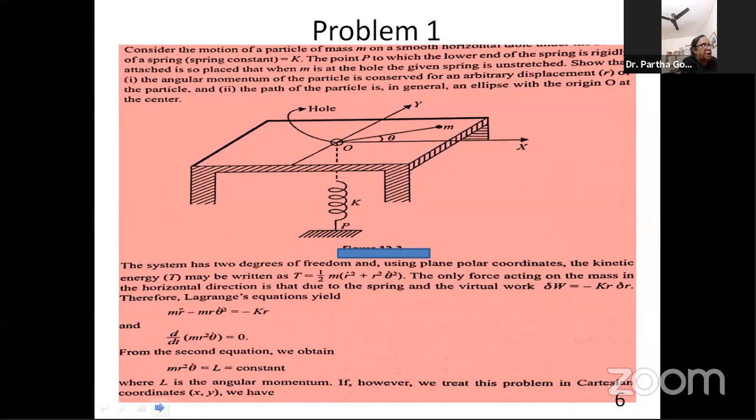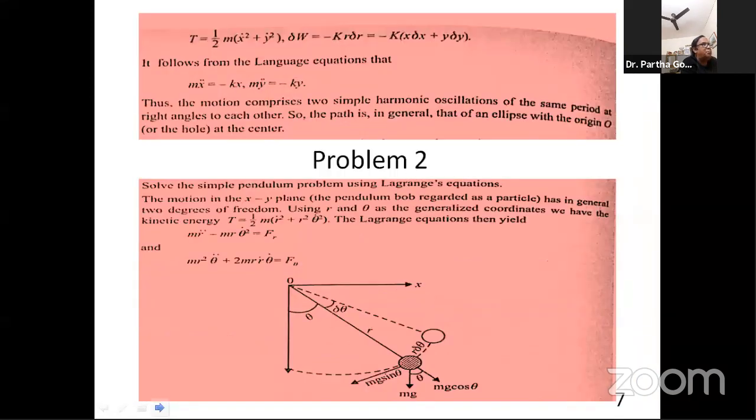Now, to show that the motion trajectory will in general be an ellipse, we go to the seventh slide.